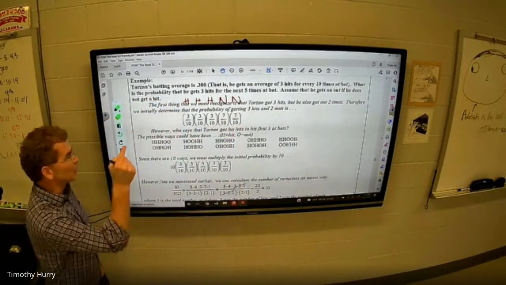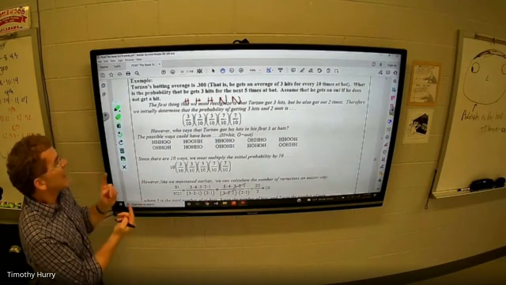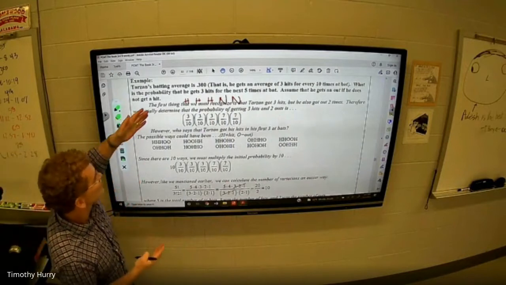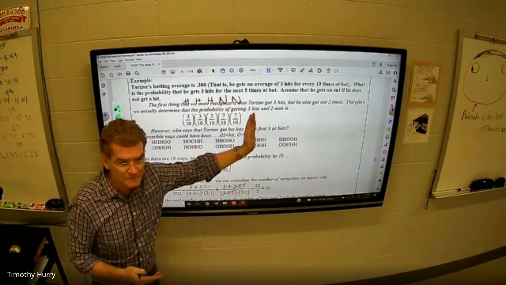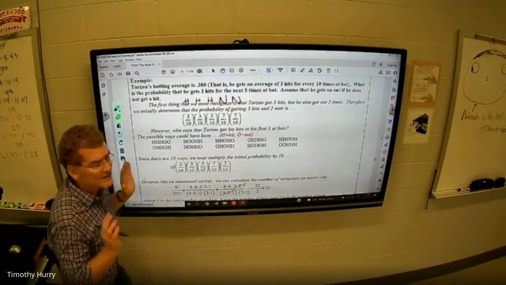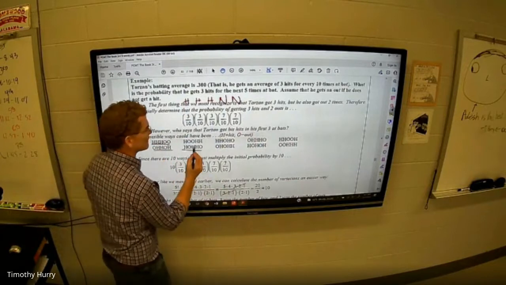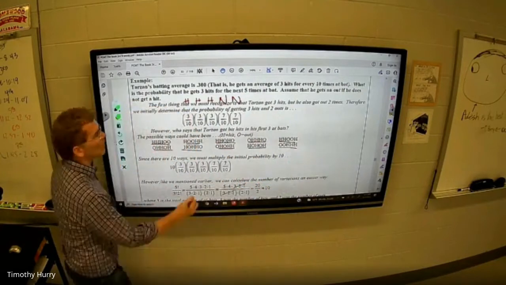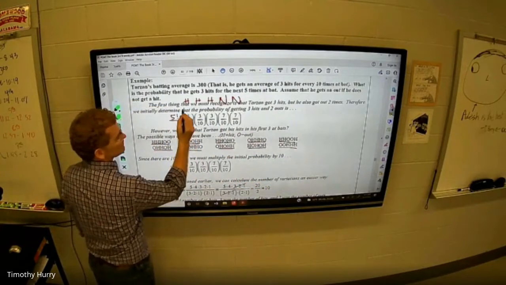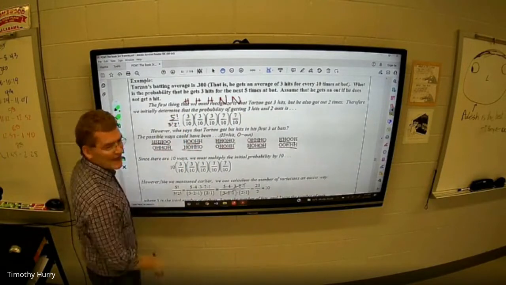Now that would be wrong because if I stopped right here, this would be calculating the probability that he would get 3 hits in his next 3 at bats and then out the last 2 in that order. So if it said in that order, I don't need that. But if it doesn't, I need to either count up the number of ways, which would be terrible, or say, well, there's 5 letters or 5 things to arrange, 3 of one, 2 of another. And when you simplify that, you get 10.